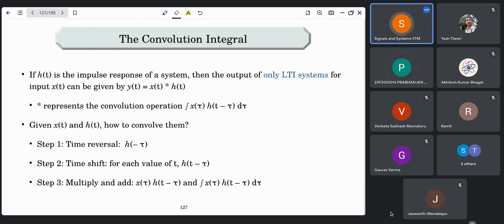Everything else just follows directly from that. The unit impulse response is the fundamental parameter or characteristic of the system. That's it. What is more important is the impulse response. Thank you, Professor. No problem.